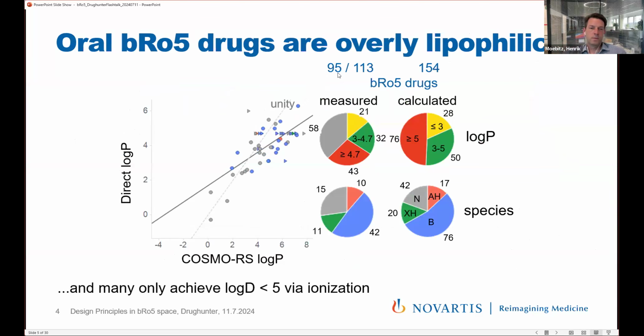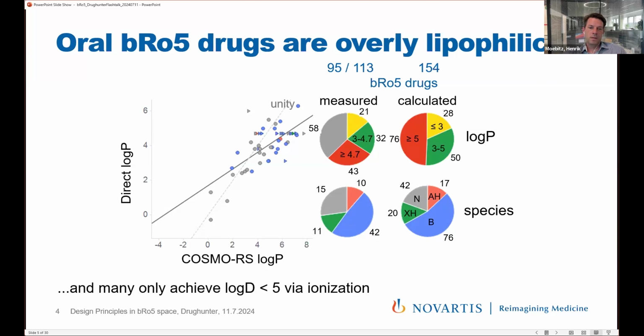And we've even used more expensive assays like shake flask or potentiometric logP. And some of those compounds are so poorly behaved that you cannot determine a logP because of a lot of experimental issues due to the poor physical properties of the compounds.